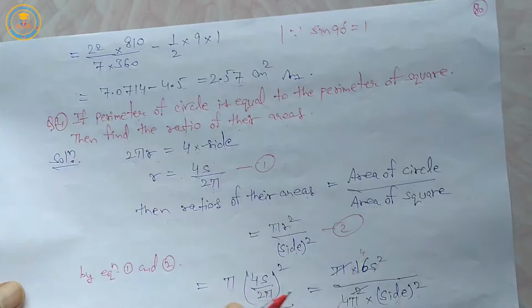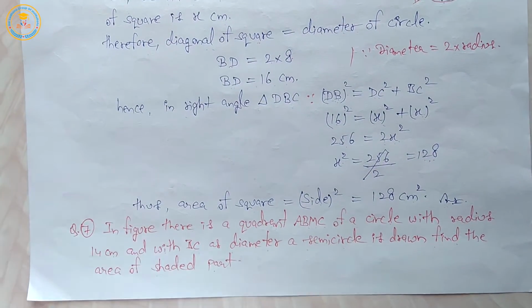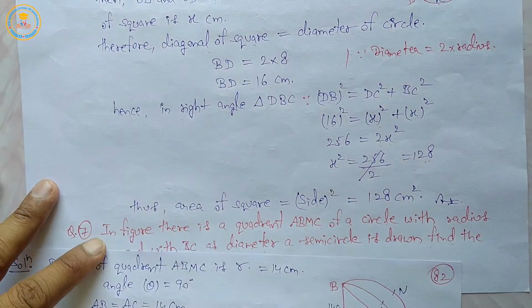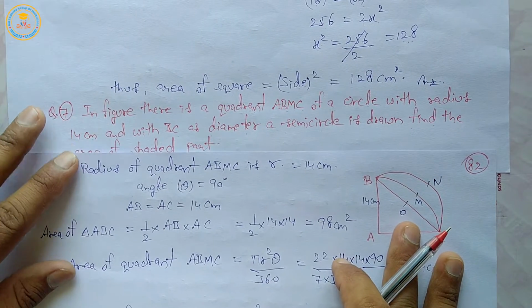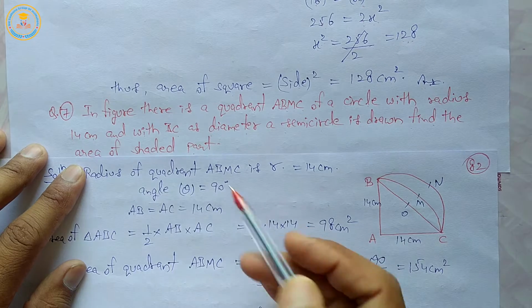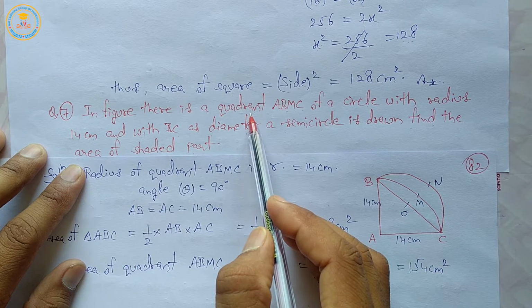Question is here. We draw the diagram. Quadrant means fourth part.